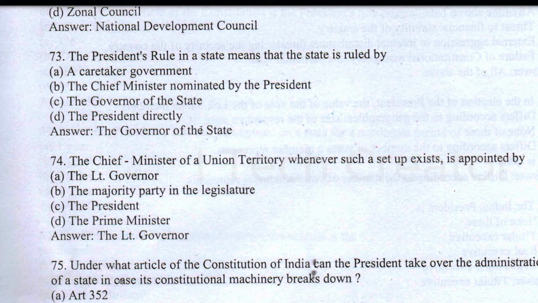The Chief Minister of a Union Territory, wherever such a setup exists, is appointed by the Lieutenant Governor.